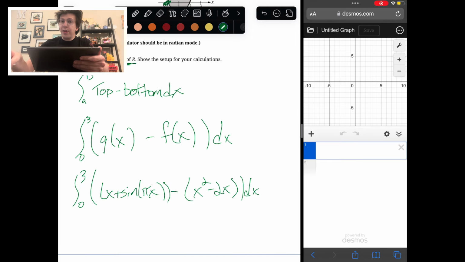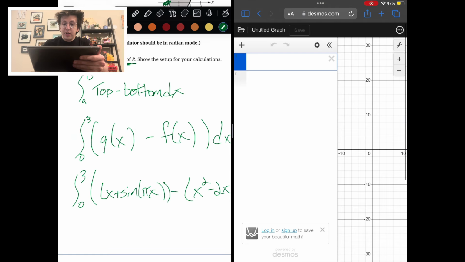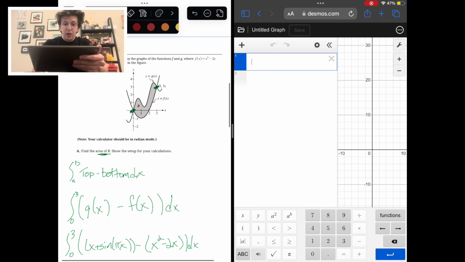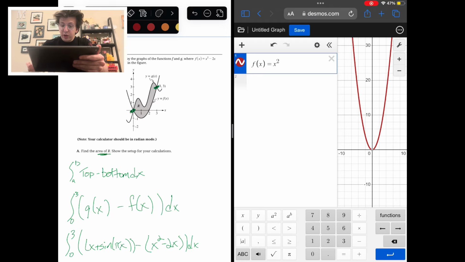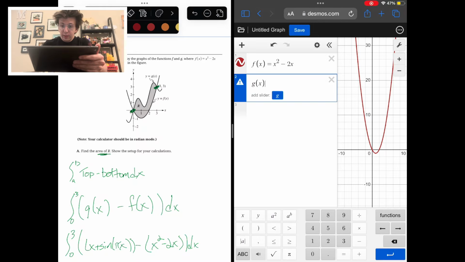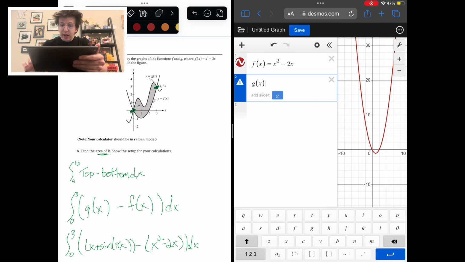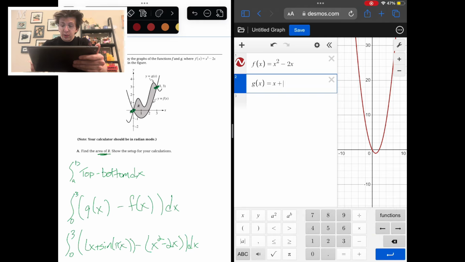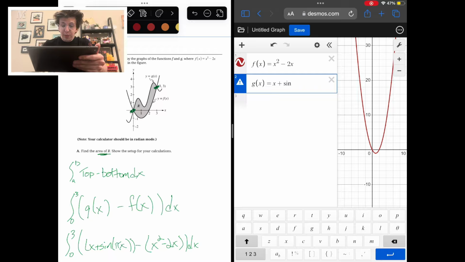You could do that, or you could do the method that I like, which is banking your functions. So first thing, let's type our functions into Desmos quick. f of x is equal to x squared minus 2x. g of x, let's put that in, is equal to x plus sine of pi x.